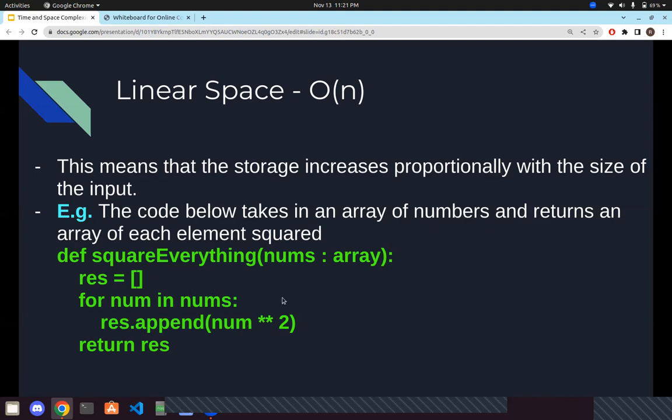And in this loop, for each number that we come across, we square it, and we append it to the res array. And finally, we return res. Now, in this case, the size of res increases proportionally to the size of nums. So if nums has 1,000,000 elements, so does res. If nums has 1 element, so does res. So you can see how the storage increases proportionally with the size of the input.